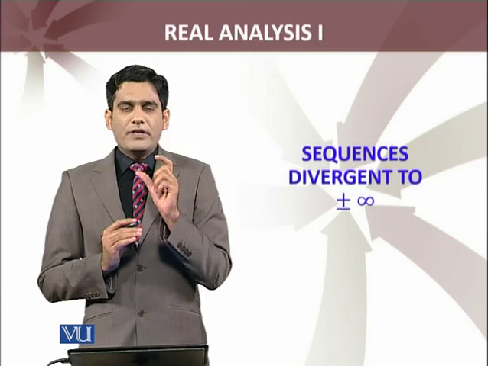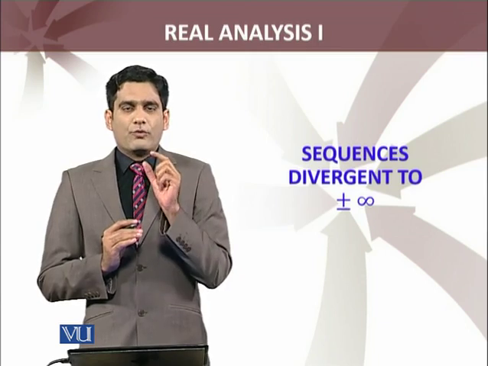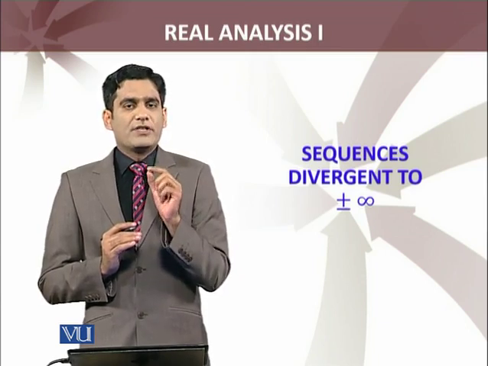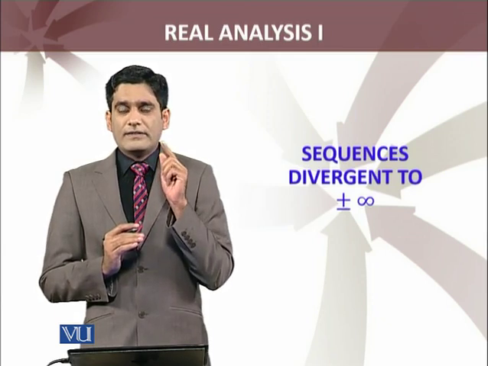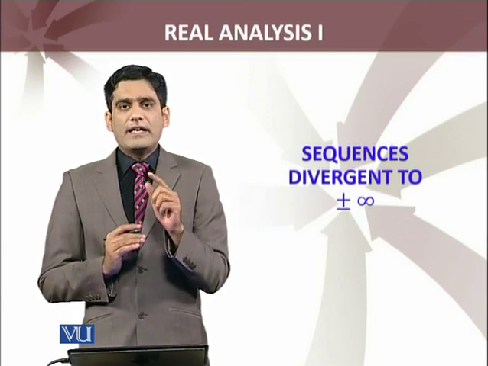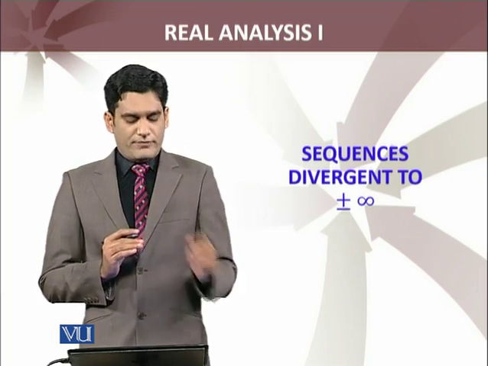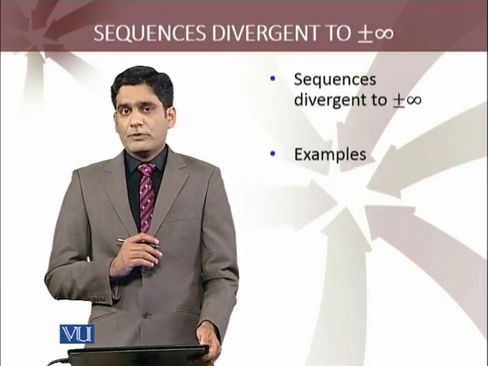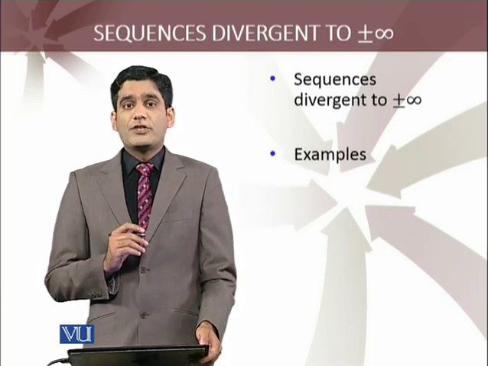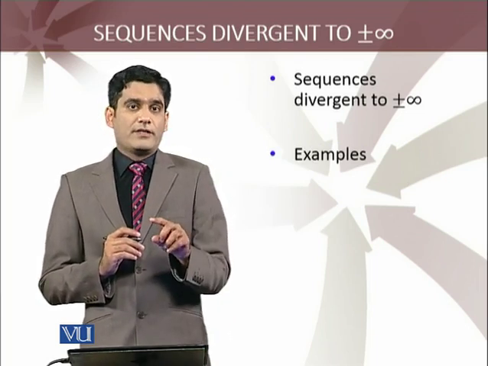So we are going to discuss what I mean by a divergent sequence and the sequences which are divergent to plus infinity and minus infinity. So in today's module, the sequence is divergent to plus infinity and minus infinity.